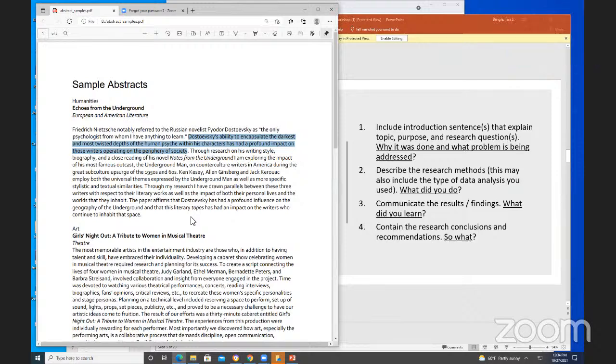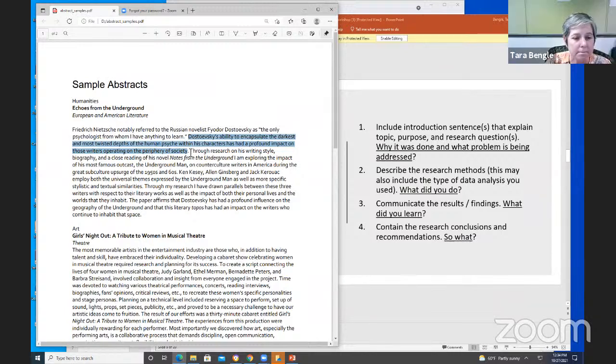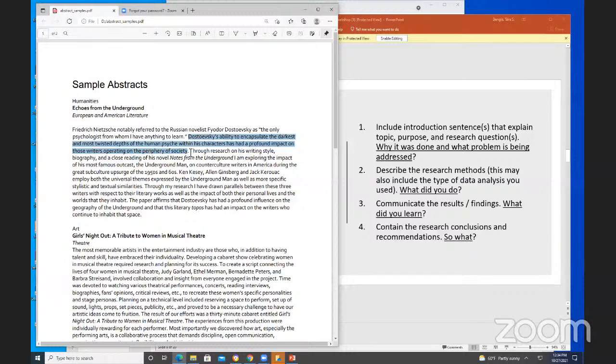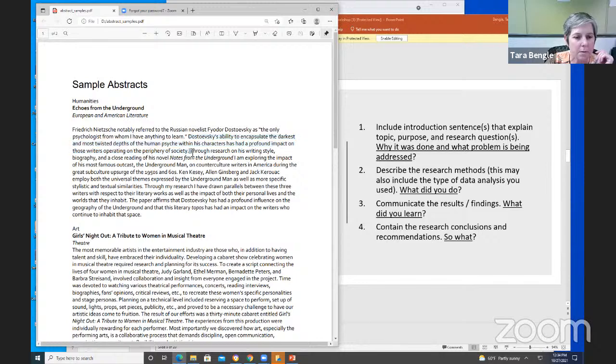It's the third sentence. It explains that when it says through research on his writing style, biography, and close reading of a novel, and how it impacts his famous outcast. Yep. So through research and a close reading of the novel.